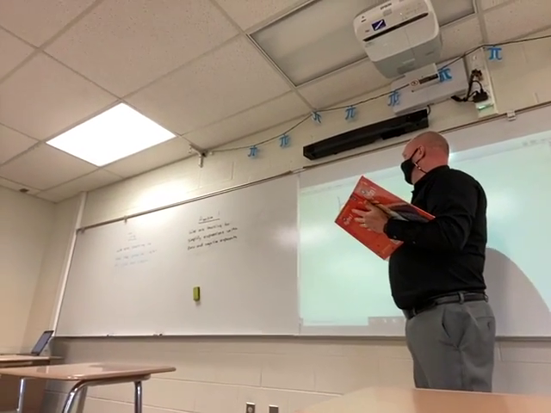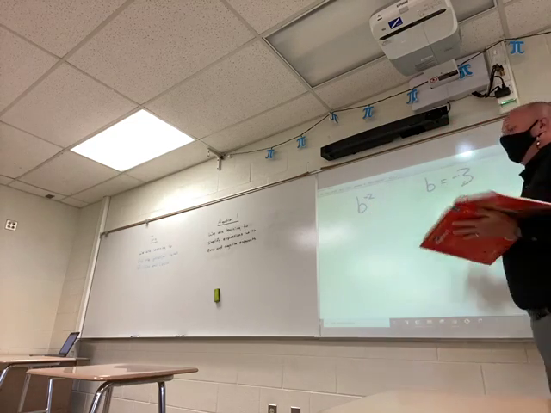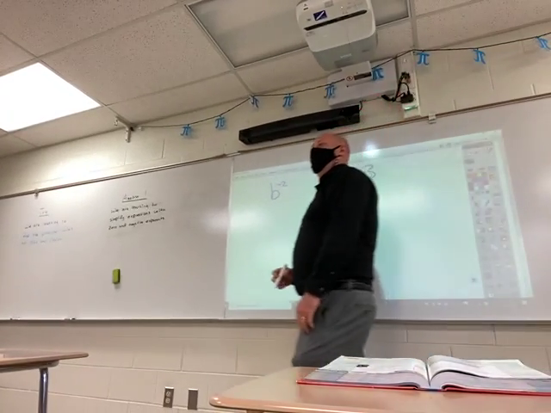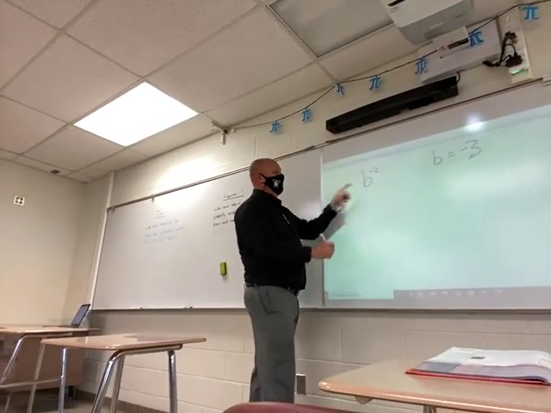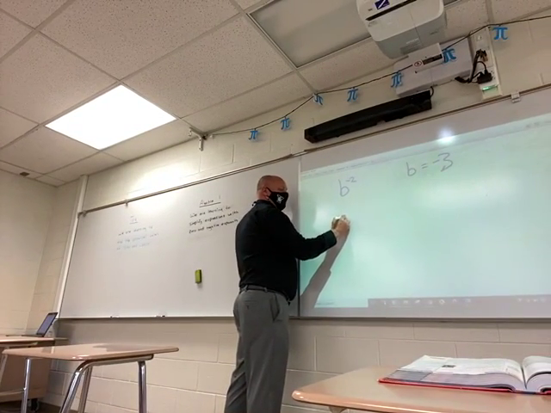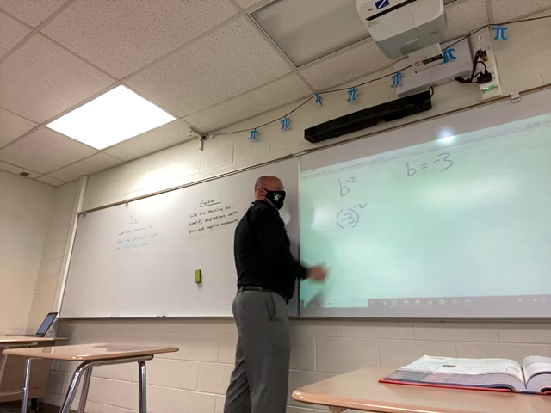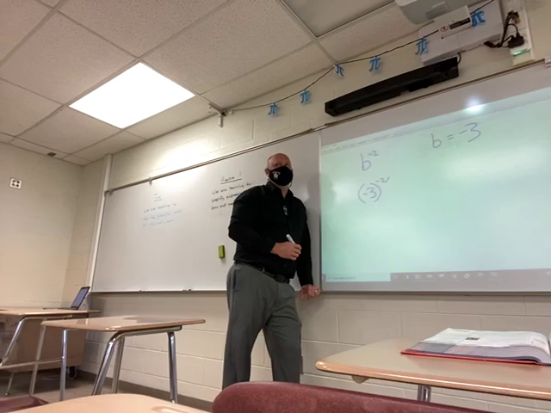So it says b to the negative 2, and b is supposed to equal negative 3. So the b has to become, should I use parentheses here and write it like this, or no? Yes.